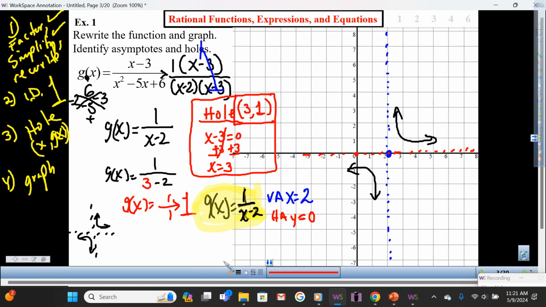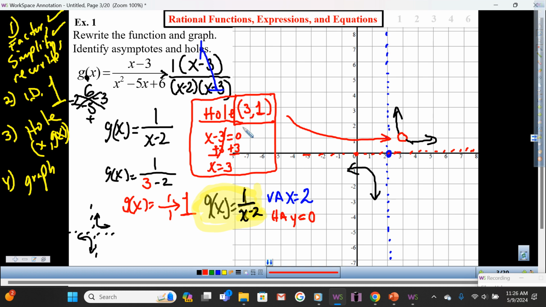Where's 3, 1? 3, 1 is right here, so therefore, erase that little spot with red, put a little circle like that, then connect your graph there, and that is our hole on the graph. So what does that mean? That it has all these values for the graph except which one? 3, 1.